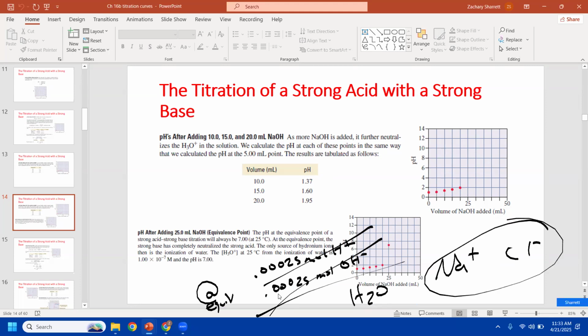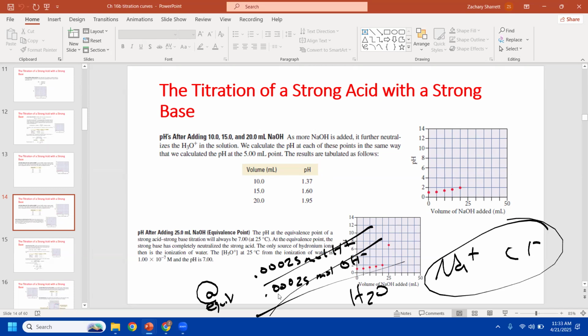What should the pH of this system be, Ricardo? If all 0.0025 moles of H plus gets neutralized by 0.0025 moles of OH minus, there's no more H plus, there's no more OH minus. The counterions are pH neutral ions.